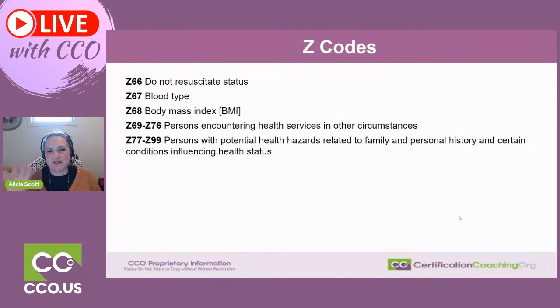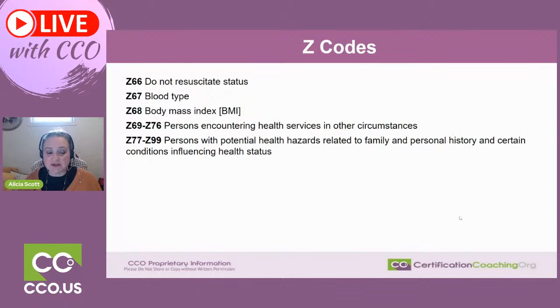Again, just because you have a BMI and the clinician captures that when they put in the vital signs, the provider still needs to state in their documentation whether the patient is obese or morbidly obese, etc.